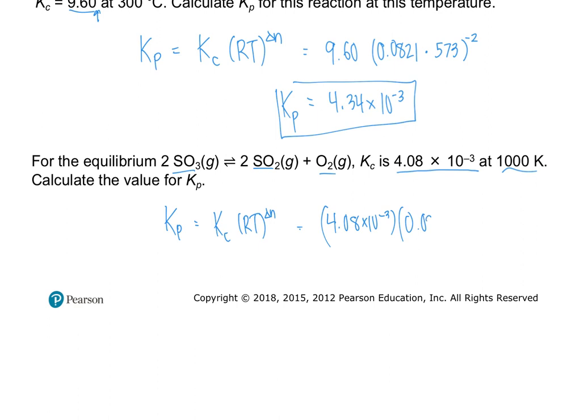R is 0.0821 times 1,000 Kelvin. Now delta N. So I have 1, 2, 3 products in gas form and 2 reactants. So 3 minus 2 is to the first power. So when I plug that in, my Kp ends up being 0.335.